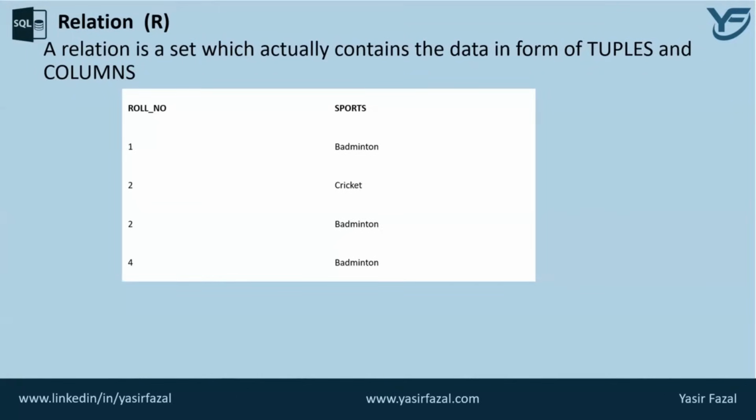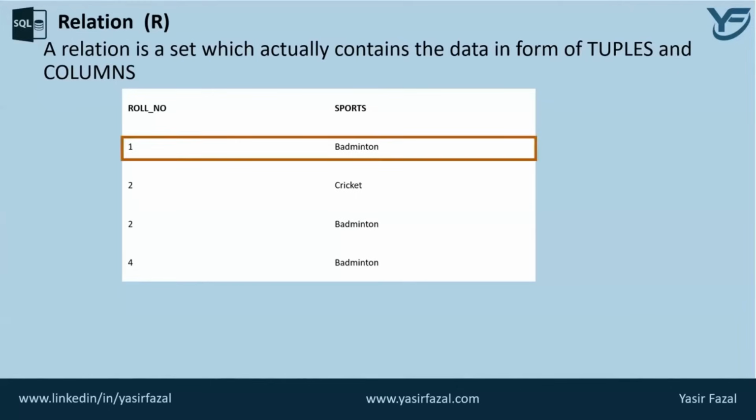Let's understand the concept of tuple first. A tuple means a row in a table, or a row in a relation. Both are the same, and after this video, you can easily understand the relation between the row and the word tuple.